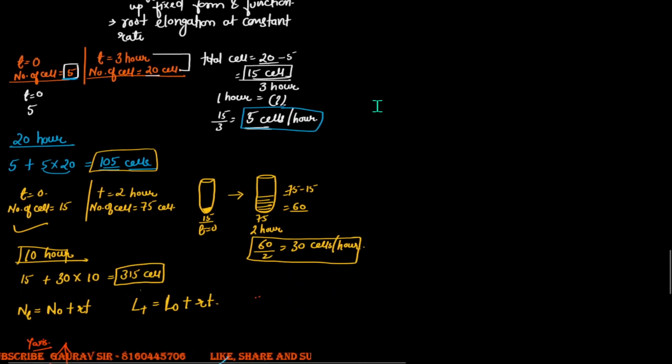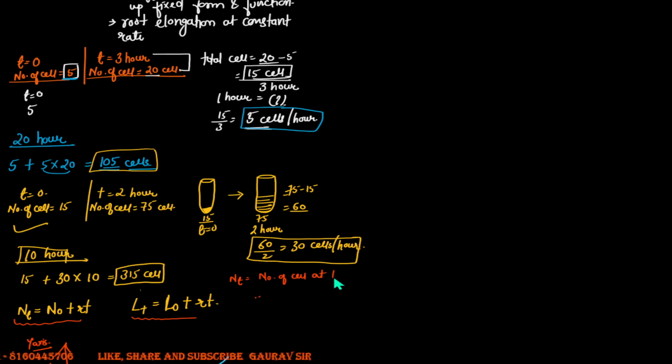On the basis of this we solved two problems and came across a mathematical formula: Nt is equal to N0 plus rt, or Lt is equal to L0 plus rt, where Nt happens to be the number of cells at time t, N0 is the number of cells at time 0, r is the rate of growth, and t is your time.